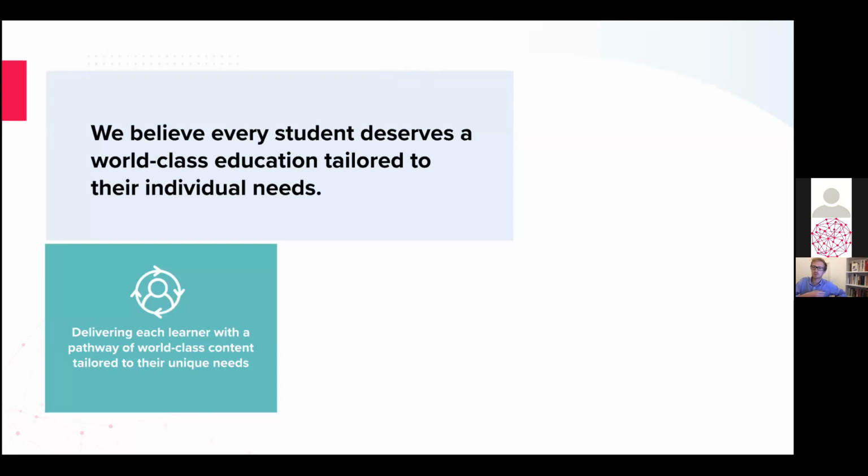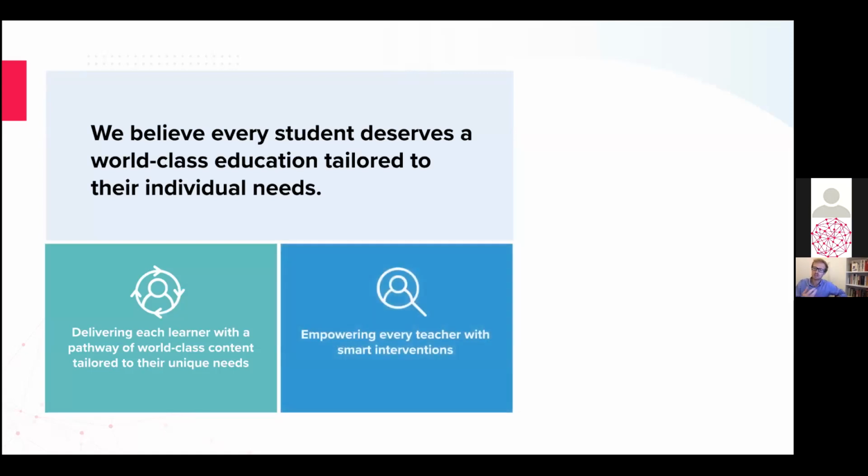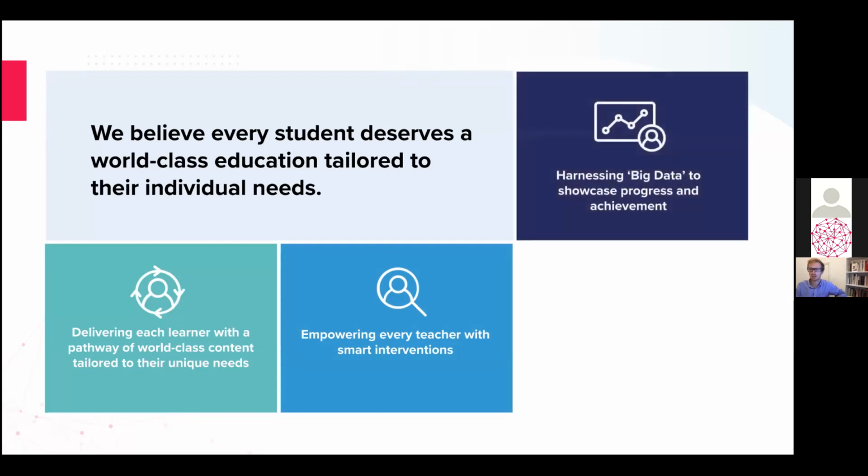And so what that looks like is we're delivering a personalized pathway to each child with high quality learning content that's all being produced in-house. We're using the platform to empower teachers so that teachers have more time face-to-face with students and are using that data and that information to provide a more granular and personalized education to children. We're using a lot of data, of course, and that's really useful to map and monitor progress and show that this product is having an impact on learning outcomes, which is, of course, our entire goal.